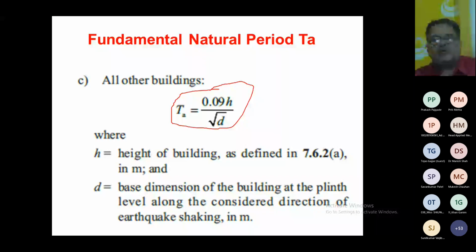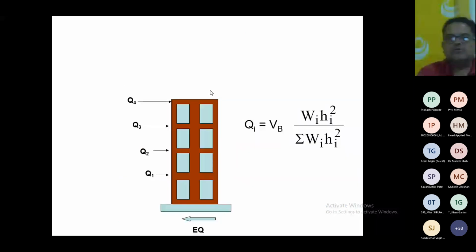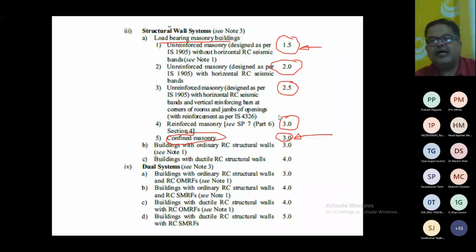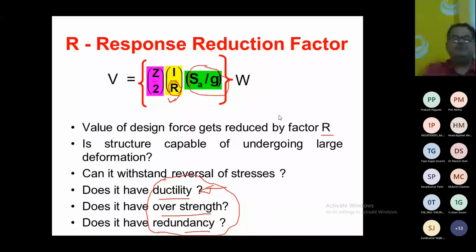Now it is clear that we are calculating the base shear first. Which equation are we using? The equation we are using is VB is equal to Z by 2, I by R, Sa by g, into Ws, the seismic weight, right?